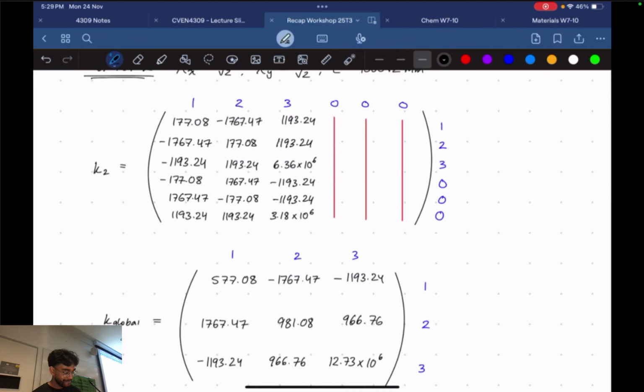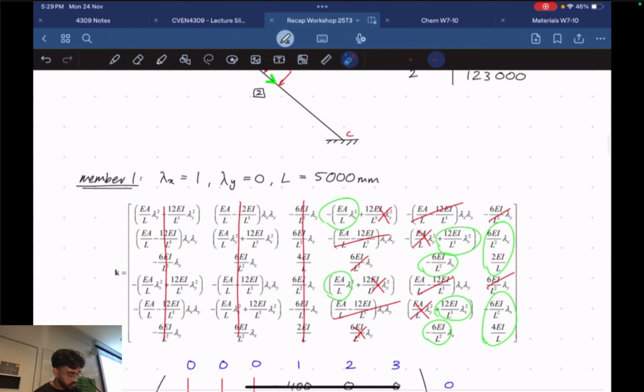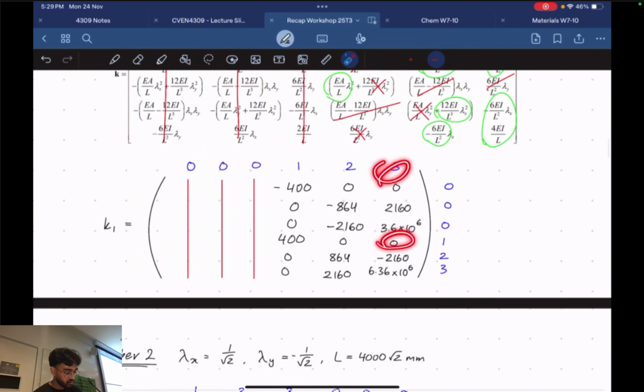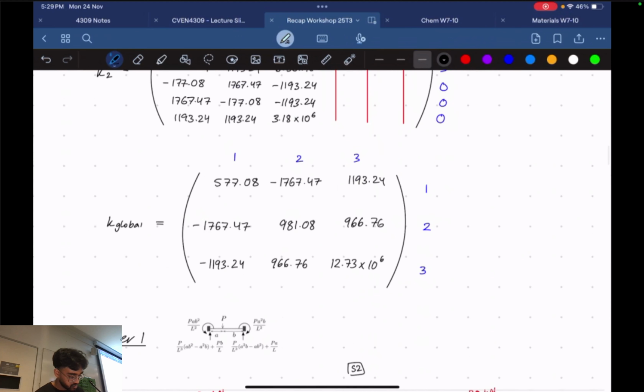Alright? And then for 3, 1, I get 1193.24. So this becomes a positive. And if I go up here, 3, 1 is 0 again. So this becomes 1193.24. I'm going to take a look at 3, 2 real quick.